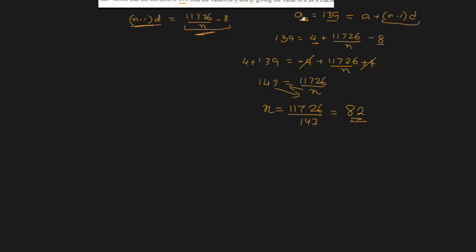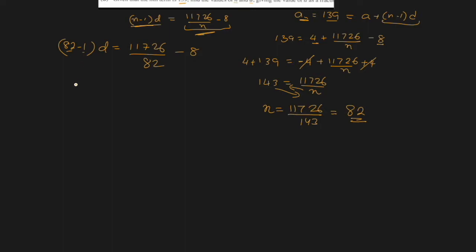And we have to find d as well. So we can use this relationship here, which is (n minus 1)d. n is 82 now. So (82 minus 1)d is equal to 11726 over (82 minus 8).